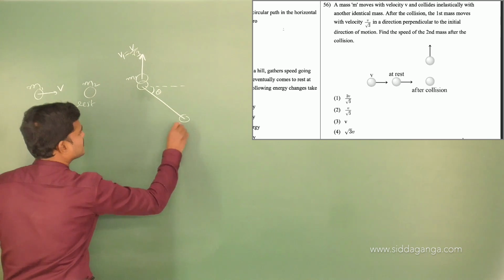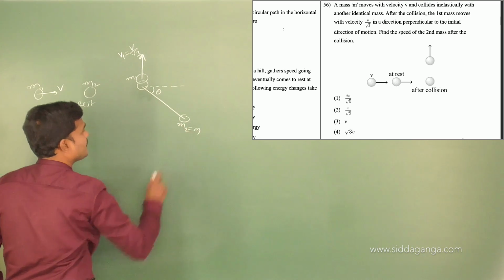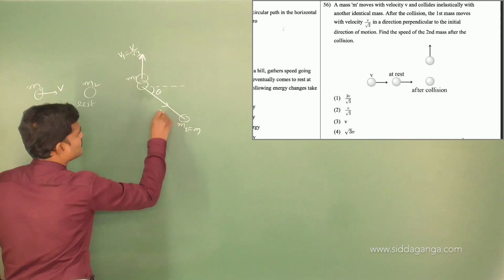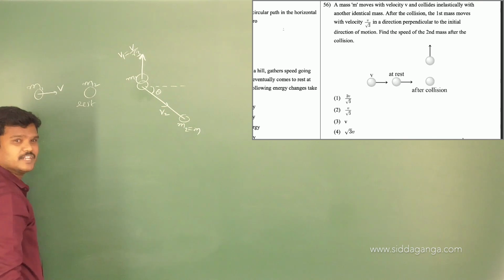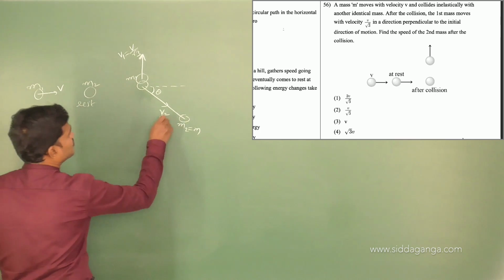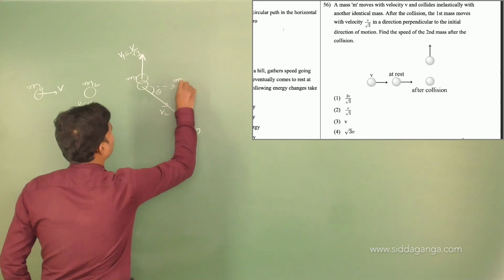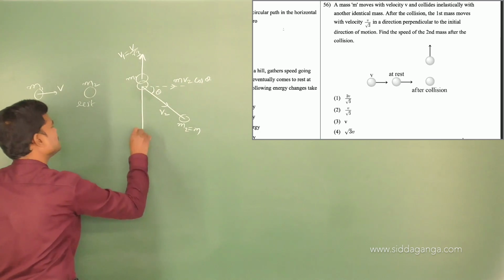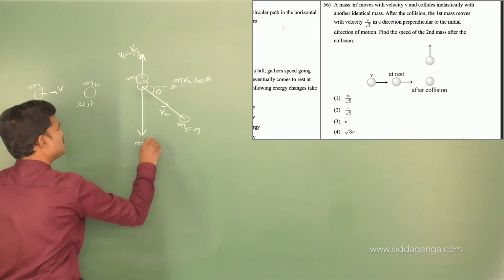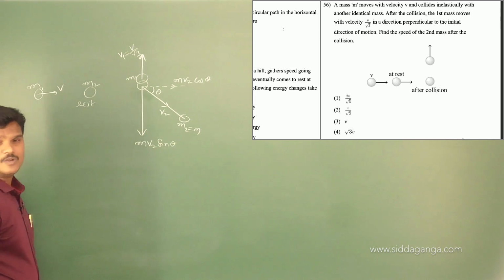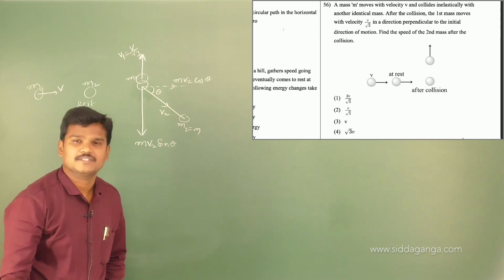Okay, this mass moves with some angle theta. M2 is m only. If this is v1 and this is v2, then resolve the components along the x-axis and along the y-axis. The components are mv2 cos theta and mv2 sin theta. So equate the components along the x-axis and y-axis.